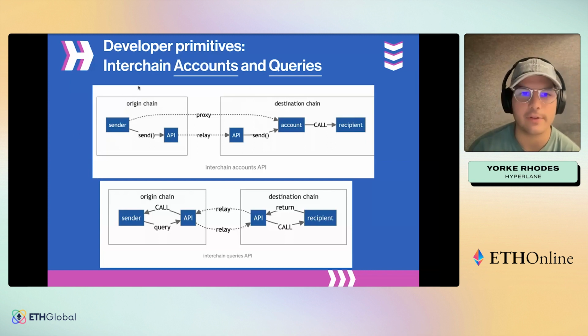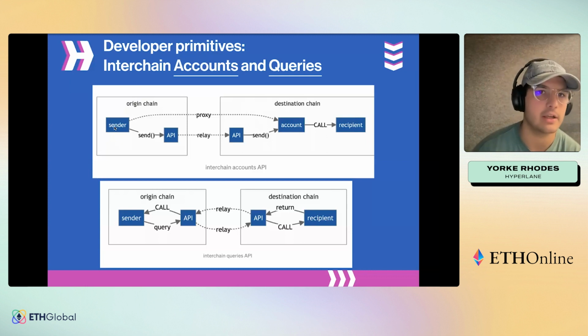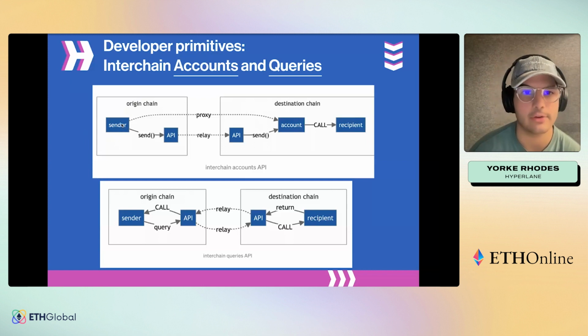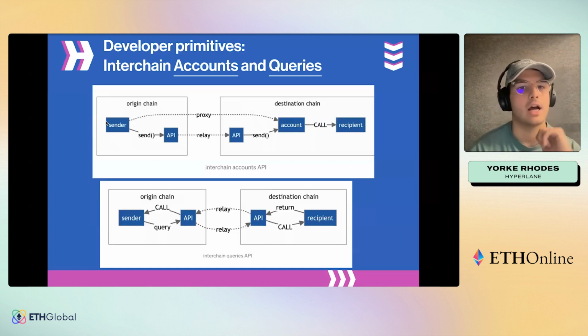So this enables a relationship where smart contracts can now hold assets on other chains. They can do actions against contracts on other chains. So this is a nice simplification of crossing the chain boundary. It almost introduces an async await style syntax for doing contract calls on other chains.